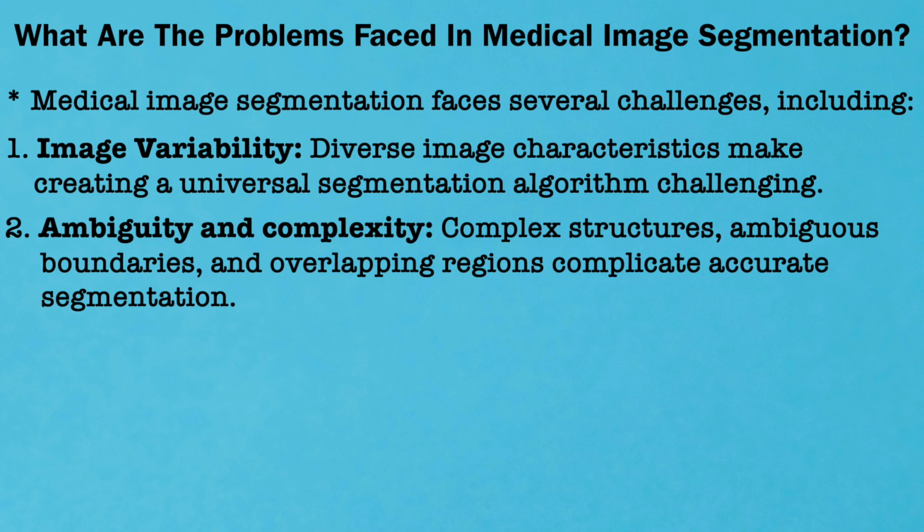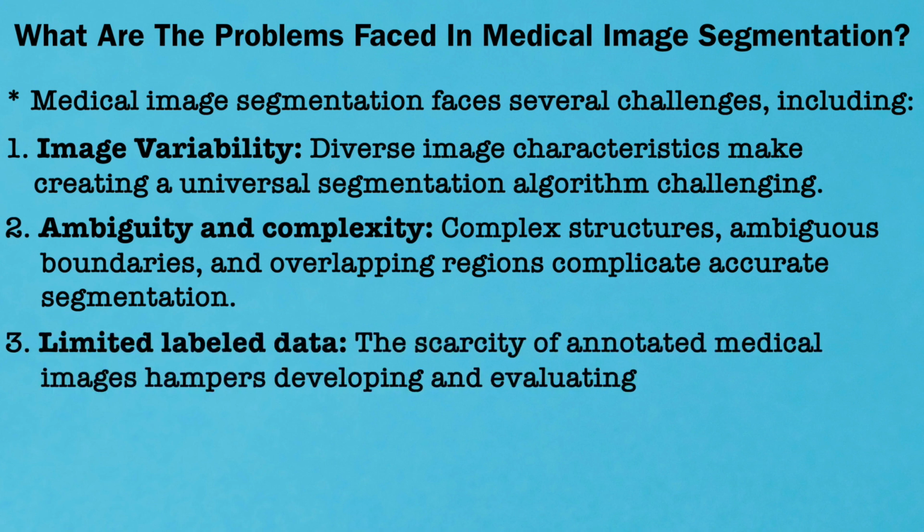The next limitation is limited labeled data. The scarcity of annotated medical images hampers developing and evaluating segmentation algorithms, where we do not have labeled data as training or test data, and we cannot identify which type of image it is. Is it a cardio related image?